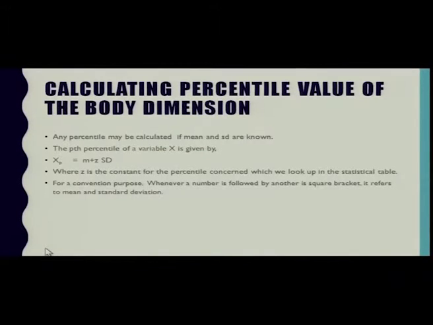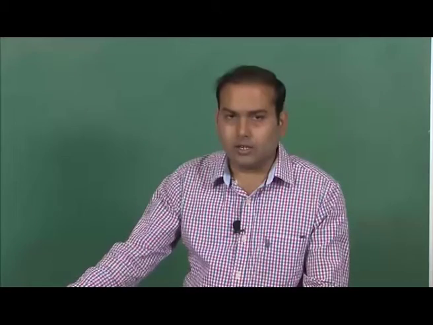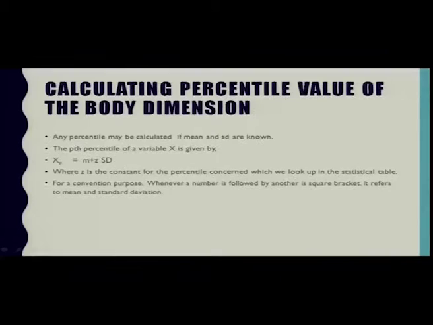Since we are applying the choice of percentile value, we also have to have knowledge of calculating percentile value. This percentile may be calculated with the help of mean and standard deviation.